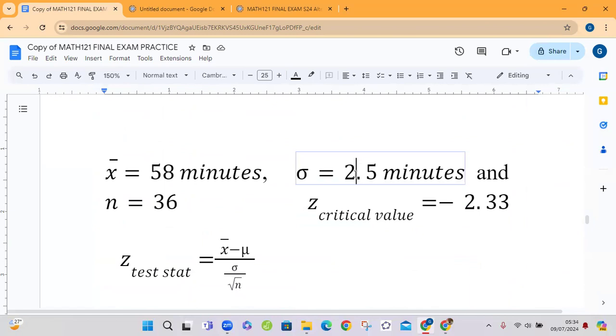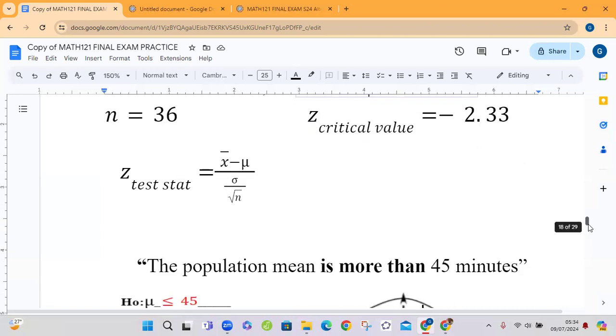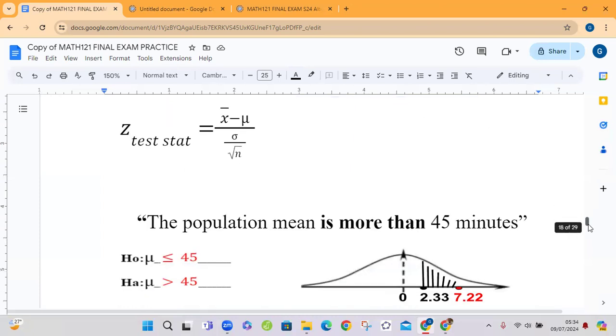Okay, so we have to update this to 10.5. This must be a typo. So the standard deviation is 10.5 minutes, not 2.5. And n is 36, the sample size, and the sample mean is 58. And here's the formula right there. And the critical value, the negative sign was dropped because it's a right tail test.